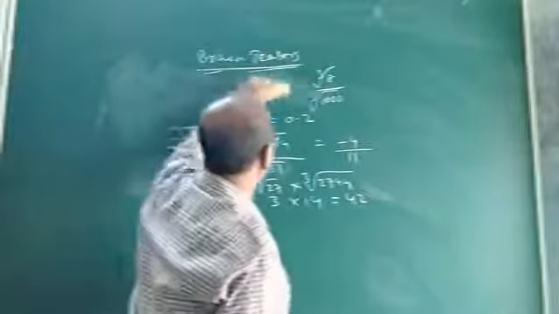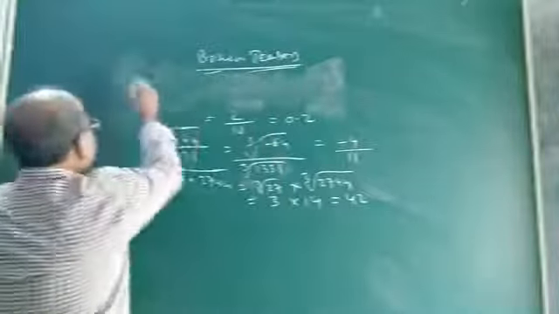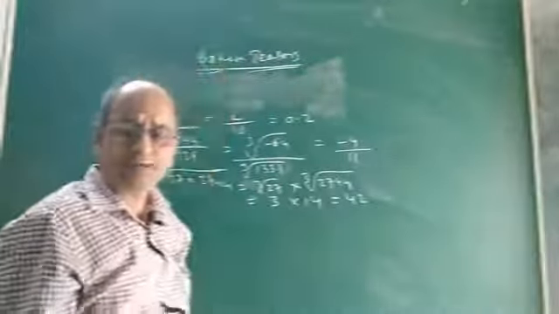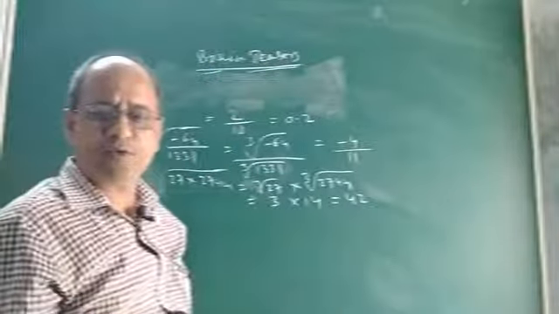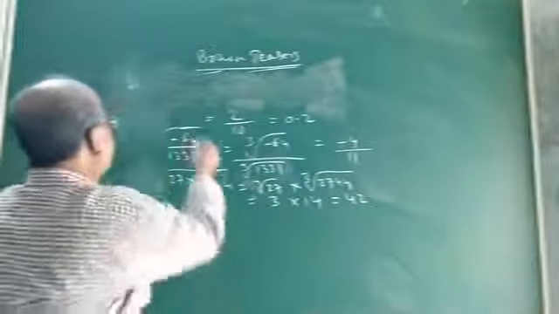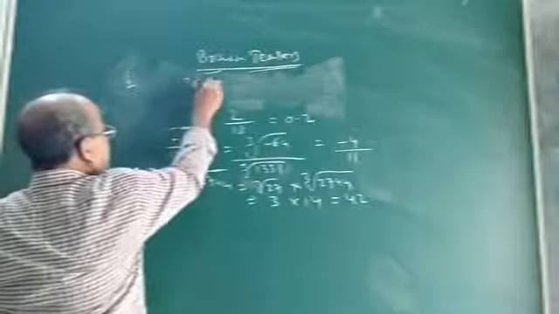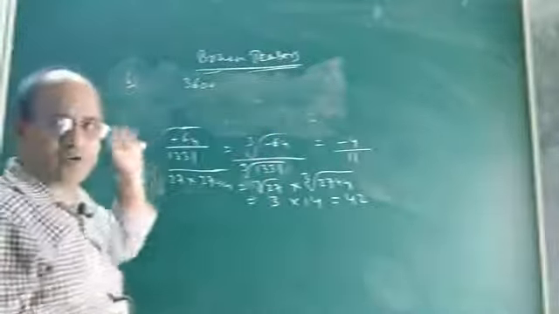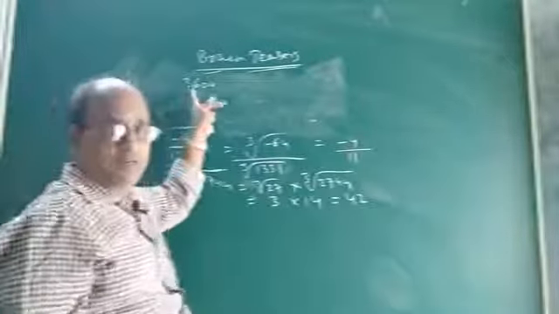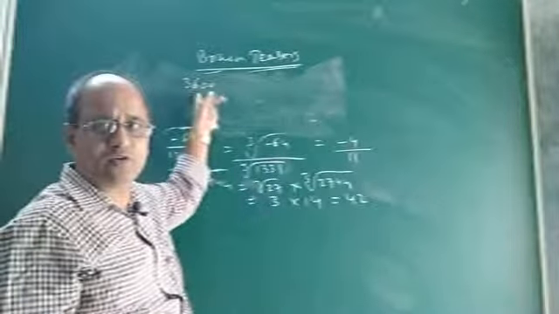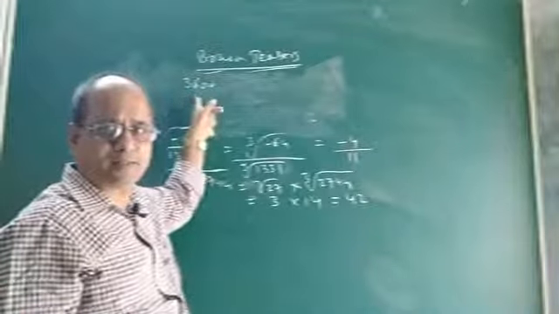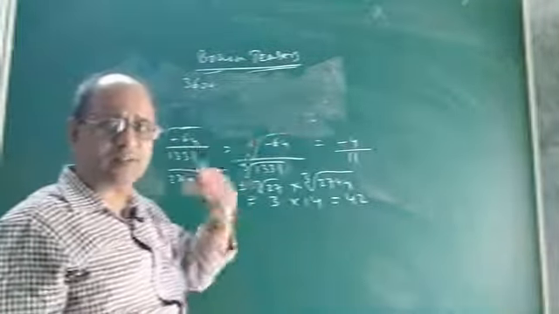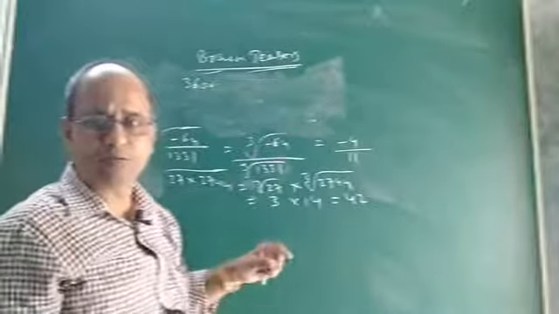Now this is all about number 5. Let us do number 6. In number 6, what is given? Find the smallest number by which 3600 must be multiplied. You are given a number, suppose 3600. It is not a perfect cube. The question is to find the smallest number by which when 3600 is multiplied, the product will become a perfect cube.